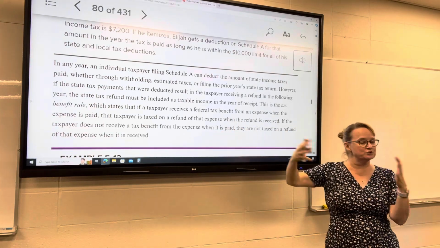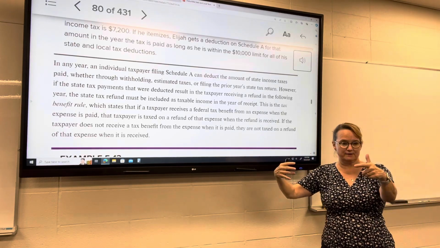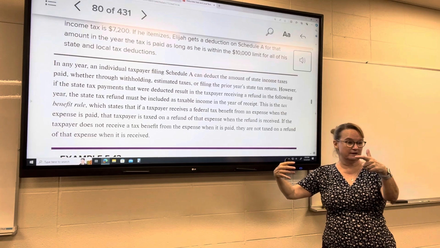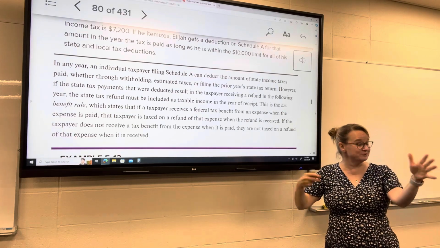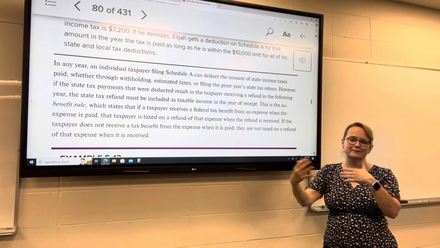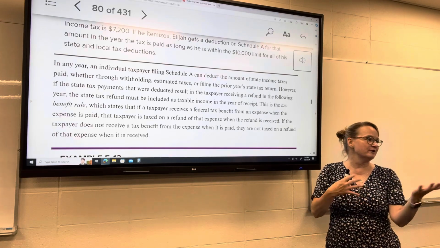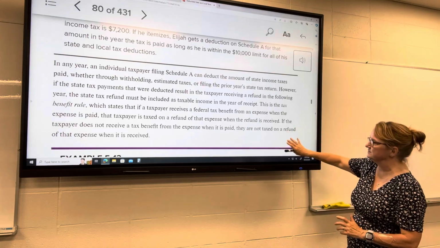So it works with that state income tax refund income that we talked about in chapter 3. Everybody remember that calculation? You had a choice between the actual amount of the refund, or the amount over and above what was itemized. Remember that part? It works with this.